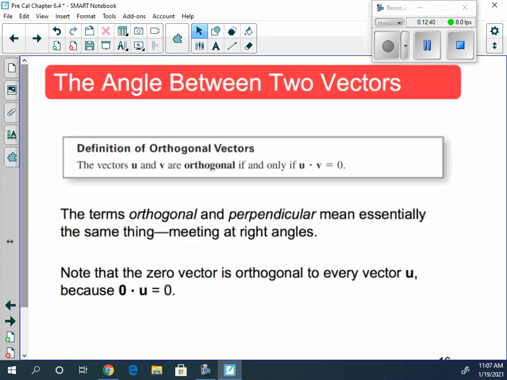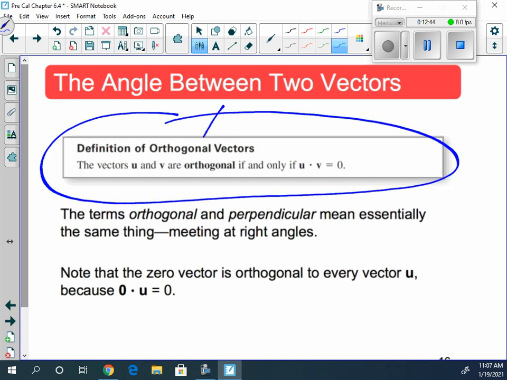Now, most importantly, they'll talk about orthogonal. If you're wondering what that word is, it's orthogonal. Orthogonal vectors. 2 vectors are considered orthogonal if their dot product is 0. If the dot product of the 2 vectors is 0, then they are orthogonal or perpendicular.